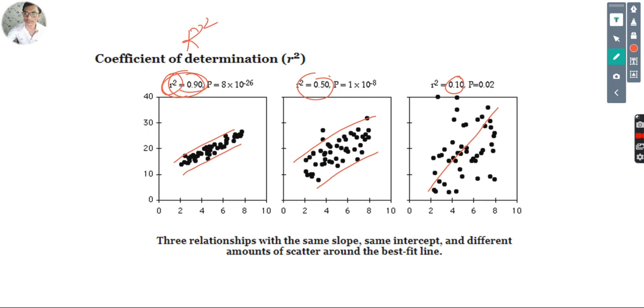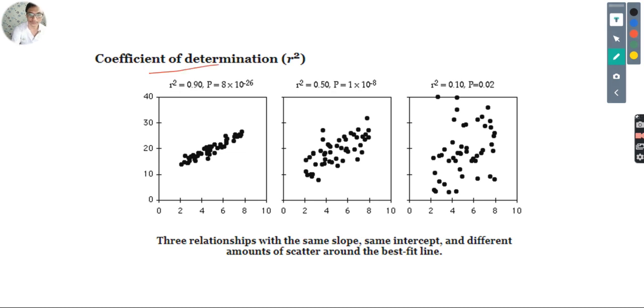So this is one thing we need to know, the importance of R square, right? I told you this R square is a very crucial point, the coefficient of determination. And this is called the best fit line, right?